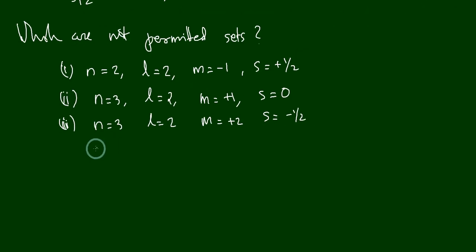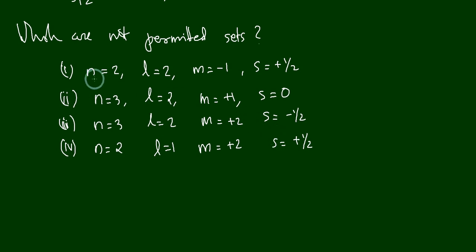And the fourth set is n is equal to 2, l is equal to 1, m is equal to plus 2, and s is equal to plus half. Which of these sets are not possible?